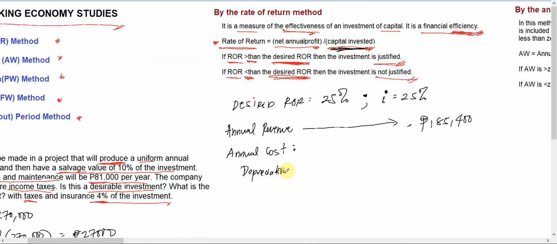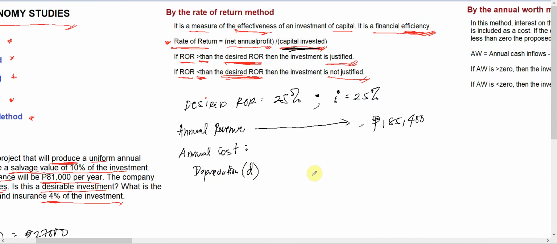Depreciation. The annual cost of depreciation, yung lowercase d. And ang ginagamit nating depreciation method is actually the sinking fund method. Okay? Kaya meron tayong interest rate. So, dito natin gagamitin yan, yung interest rate na to.